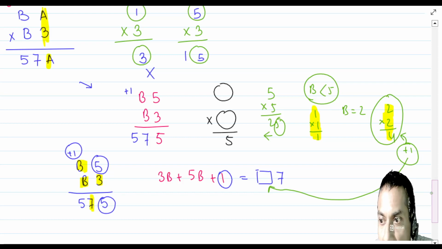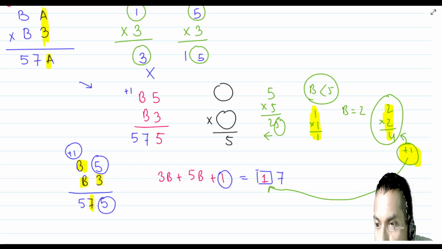So we keep this one here. Now we carry forward to the next one and add it with 2 into 2, we get the 5 of the most left digit.